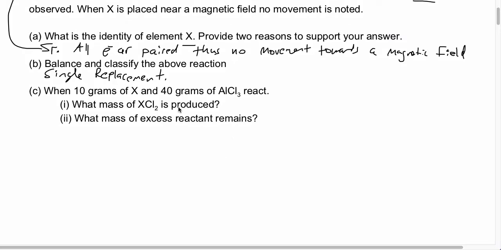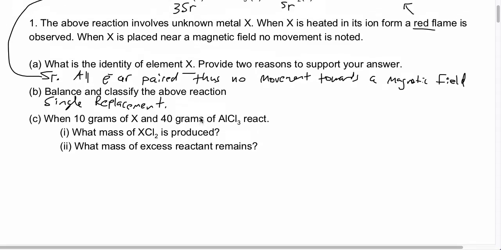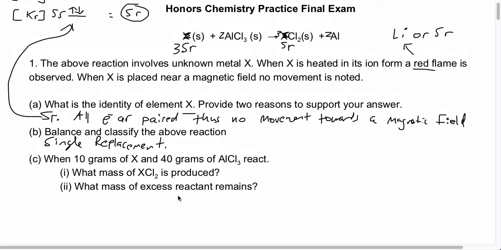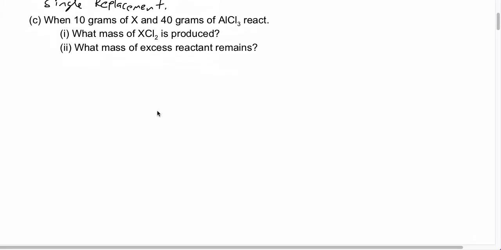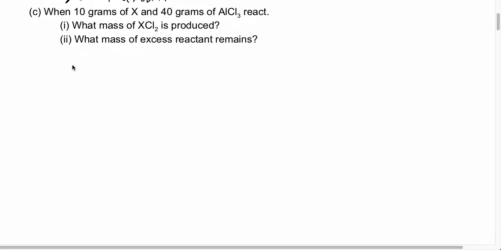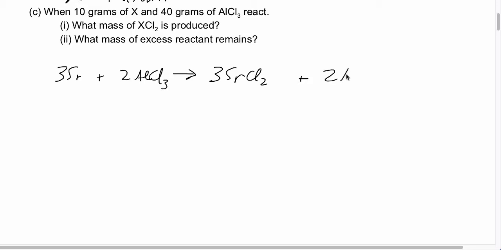So when 10 grams of X and 40 grams of AlCl3 are present, what mass of SrCl2 is produced? And what mass of excess remains? Okay, so this is going to be your typical ICE chart. So we know that we have 3 Sr plus 2 AlCl3 goes to 3 SrCl2 plus 2 Al.